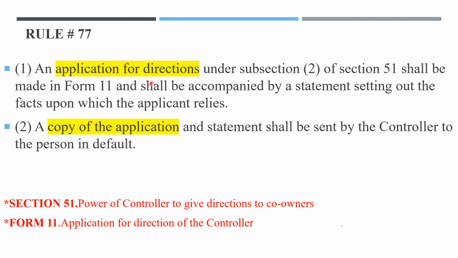Rule number 77. Subrule 1 says, an application for directions under subsection 2 of section 51 shall be made in form 11 and shall be accompanied by a statement setting out the facts upon which the applicant relies. If you observe carefully, nothing is different from the sub rule of rule 76.